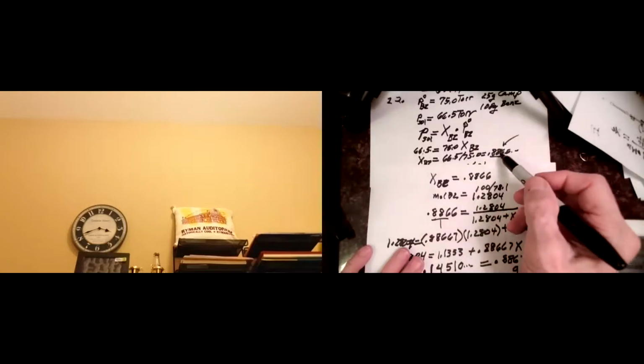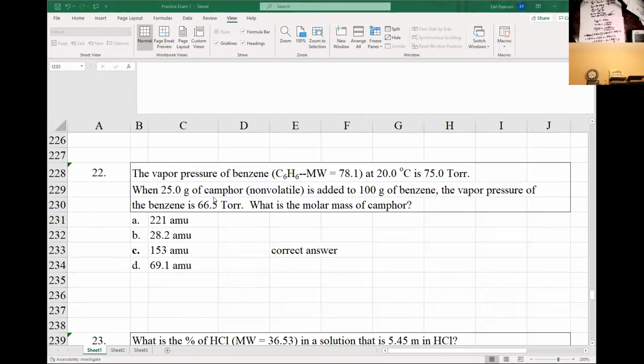Now there's that 100 grams. Oh, that's what's wrong. It wasn't 100 grams of benzene. I needed the grams of camphor. There we go, there's our problem. Instead of that being 100, grams of camphor was 25.